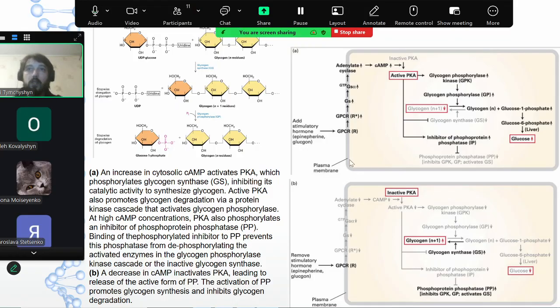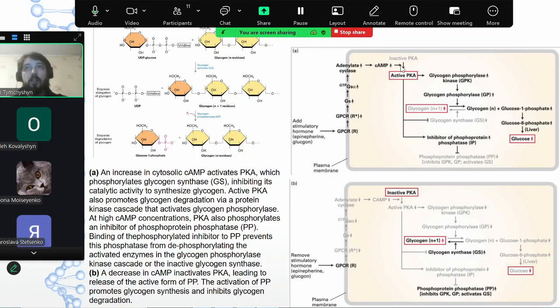different pathways. If a stimulatory hormone, say epinephrine or glucagon, comes, it activates a GPCR. The GPCR activates a G protein, the Gs alpha subunit activates adenylate cyclase. Adenylate cyclase creates the second messenger cAMP, cyclic AMP.